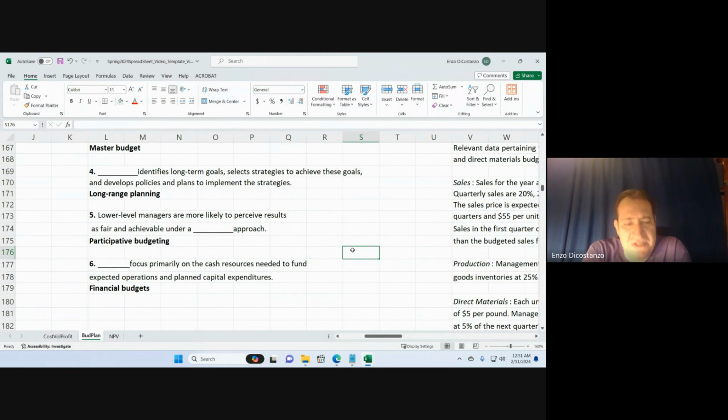A financial budget focuses on the cash resources needed to fund operations and planned expenditures. Low-level management is more likely to perceive the results as fair and achievable under participative, meaning that they had some input into this. Identifies long-term goals, strategies, develops policies and plans to implement the strategies. That's long-range planning.